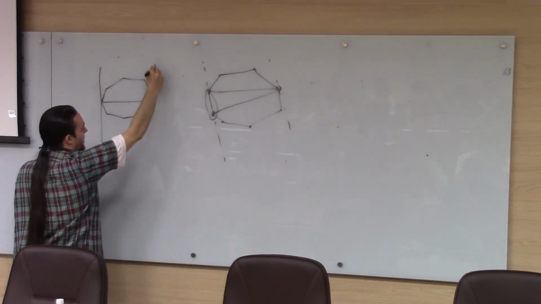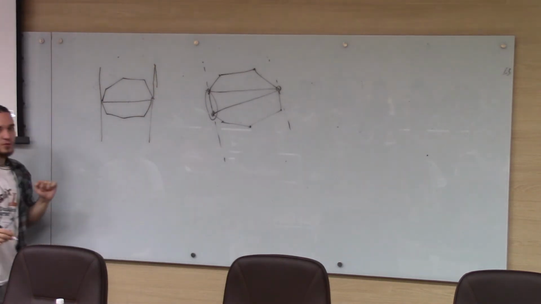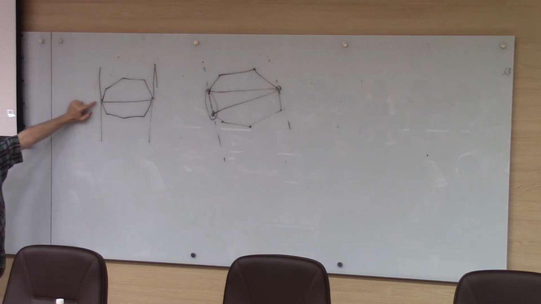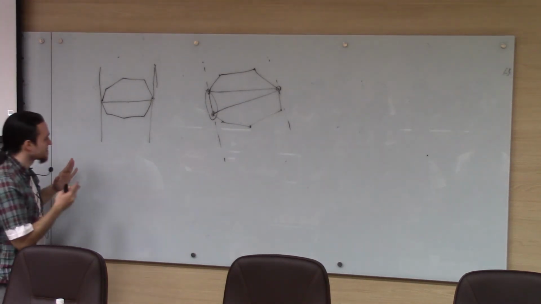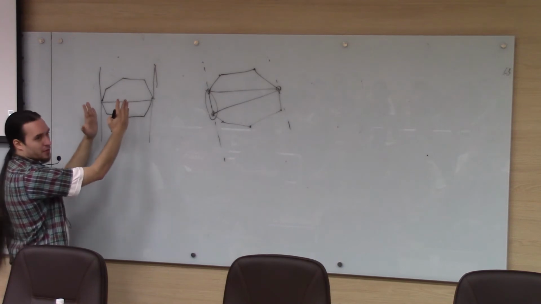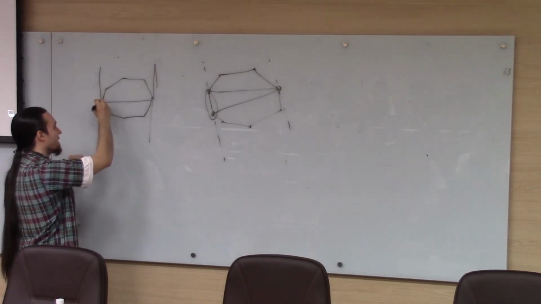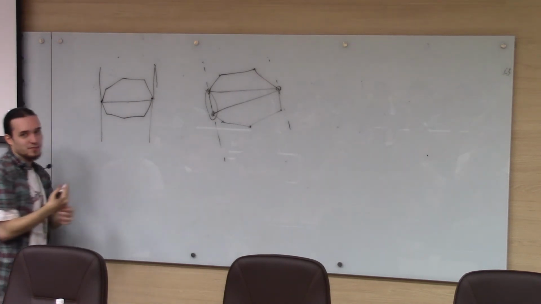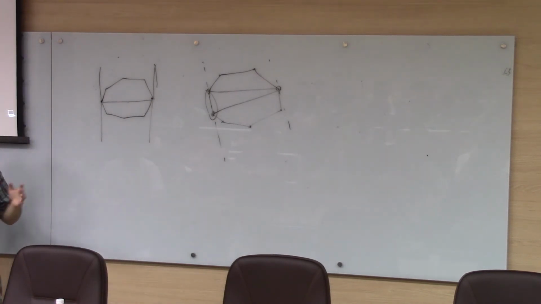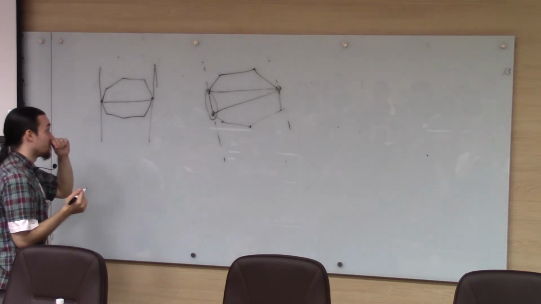Let's draw two straight lines through these points, perpendicular to the segment, and after that, what we want to do is rotate these lines gradually while these lines go through these endpoints of the segment. Okay, so let's try and imagine what happens.